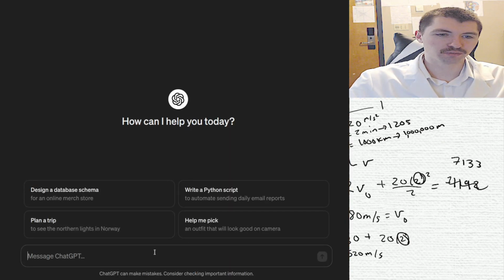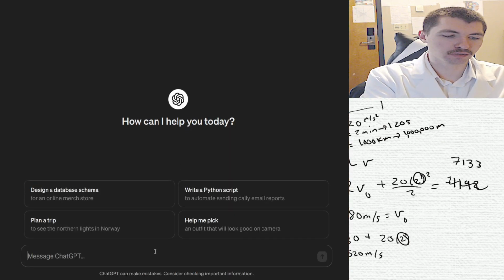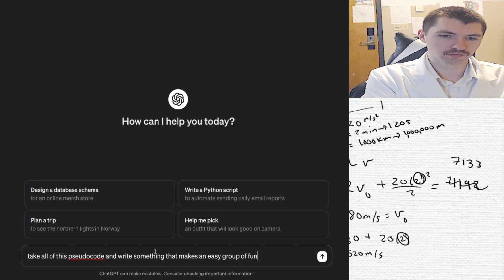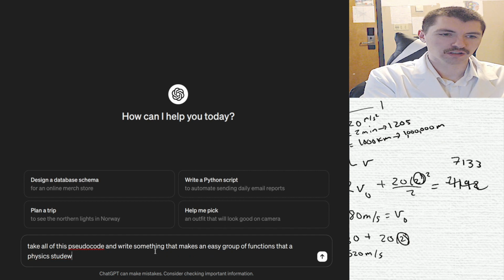Usually we save time just by giving a sketch of what the language model does. Take all of this pseudo code and write something that makes it easy for a physics student to use by just plugging in known values.